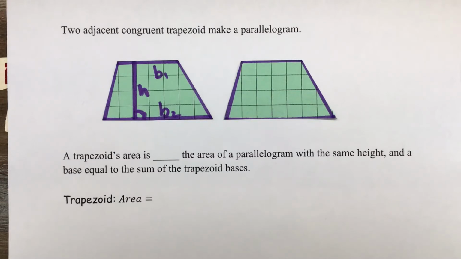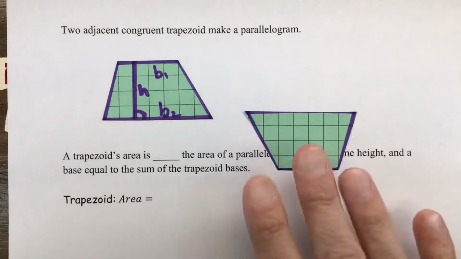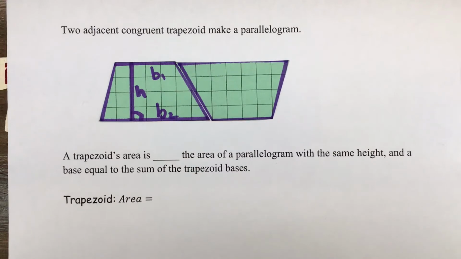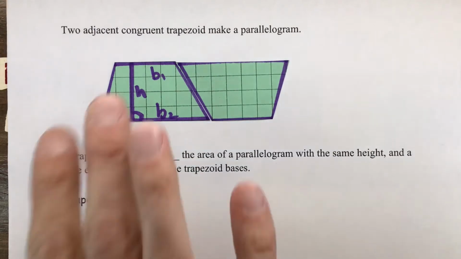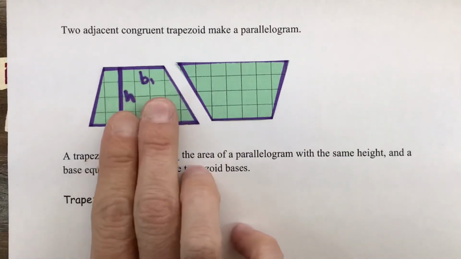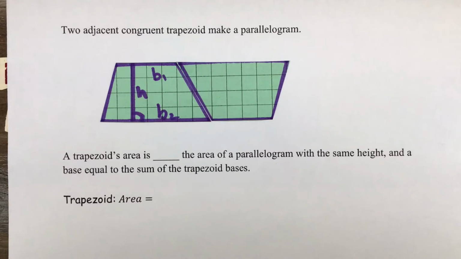Okay, so if I take these two trapezoids and I flip this one over, match it up over here, I get a parallelogram. Likewise, I could move that to the other side if you want to see it that way, so it really doesn't matter. Okay, but I have myself a parallelogram.